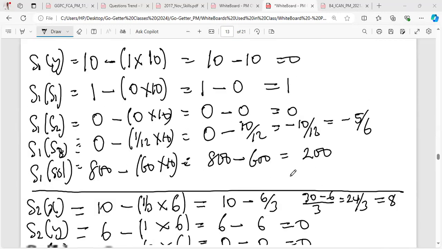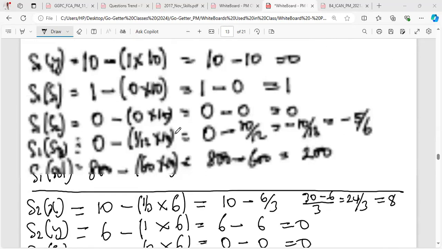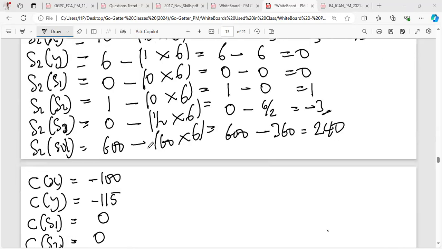So when we are trying to do them here, okay, wow, I get what you are saying now. 1, 0, 0, 1 over 12, 60. Okay, so this is 1 over 12. Thank you so much for the correction.